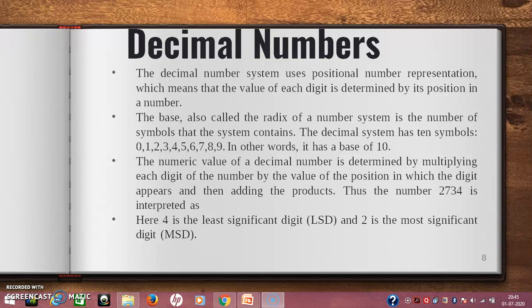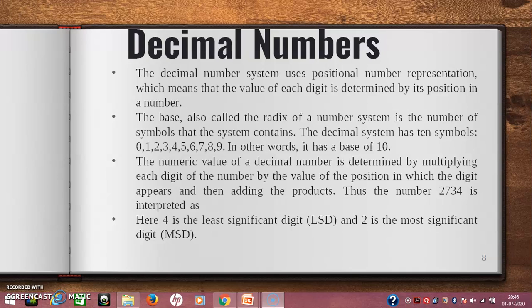When we talk about decimal numbers, the decimal number system uses positional number representation, which means that the value of each digit is determined by its position in a number. And here, the base of this number system is 10 because it includes 10 symbols 0, 1, 2, 3, 4, 5, 6, 7, 8 and 9.